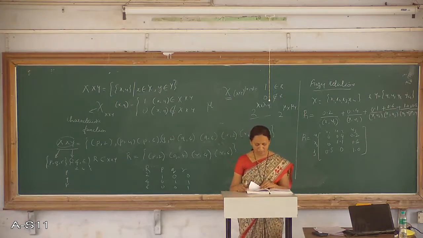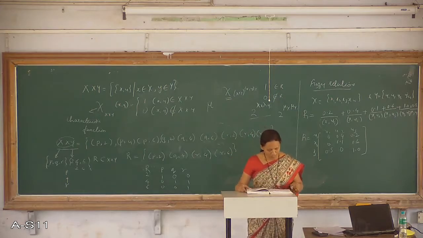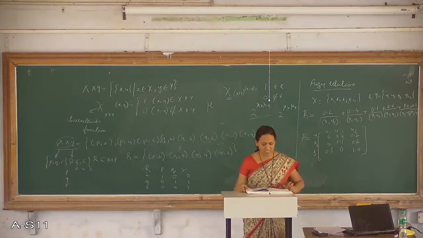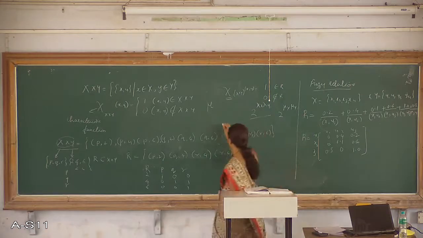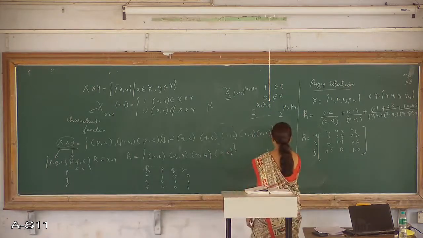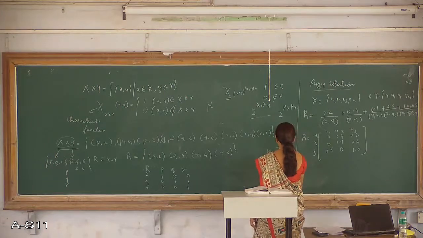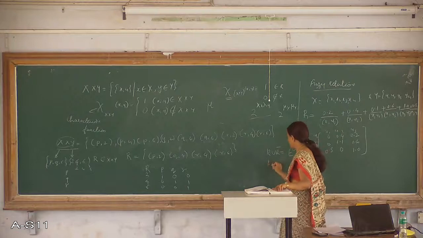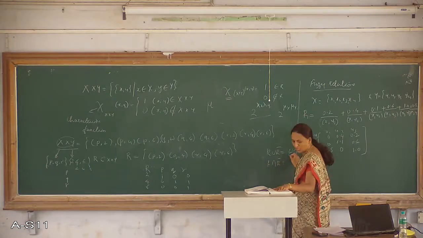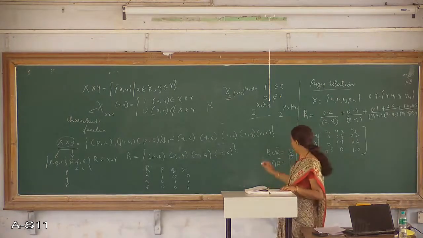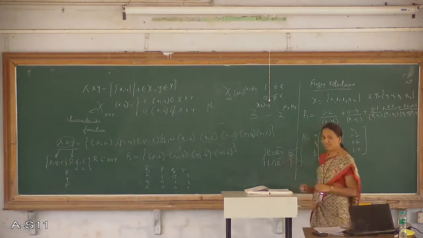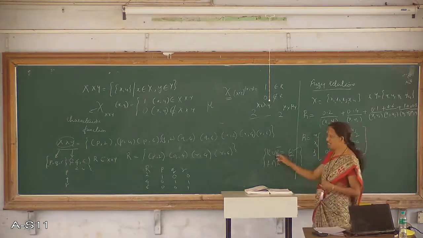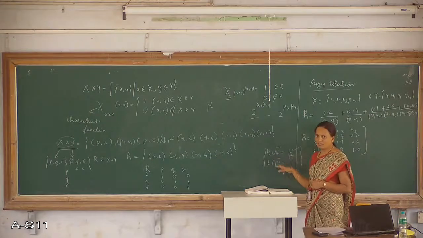We will look at them when we go through the problems. The properties of fuzzy relations are: R union R bar will be equal to E, that is nothing but the whole set, and R intersection R bar will be equal to the null set. This is the general idea behind the union and intersection values.